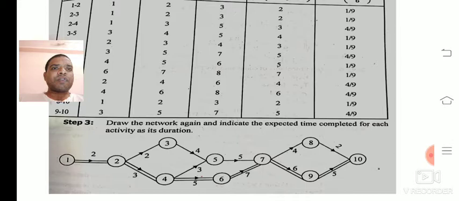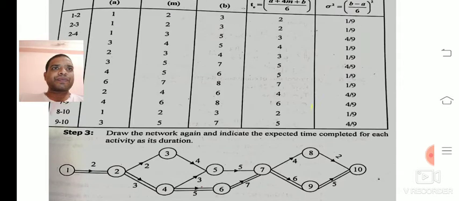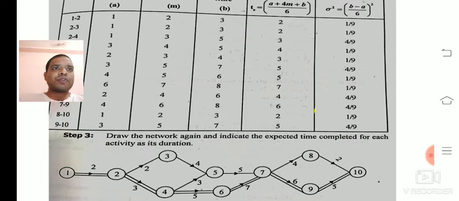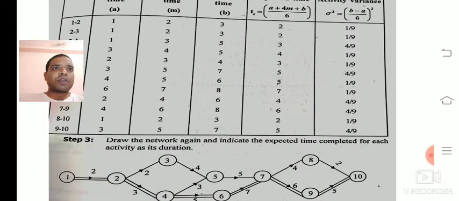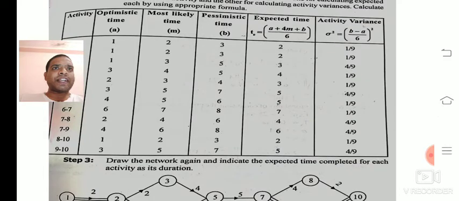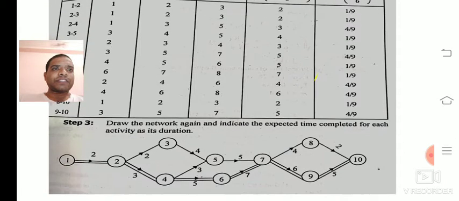For 4 to 5, again 3, sorry 4, and 4 to 6 it is 6. We just need to locate the expected duration which you calculated in the fifth column, for every activity.